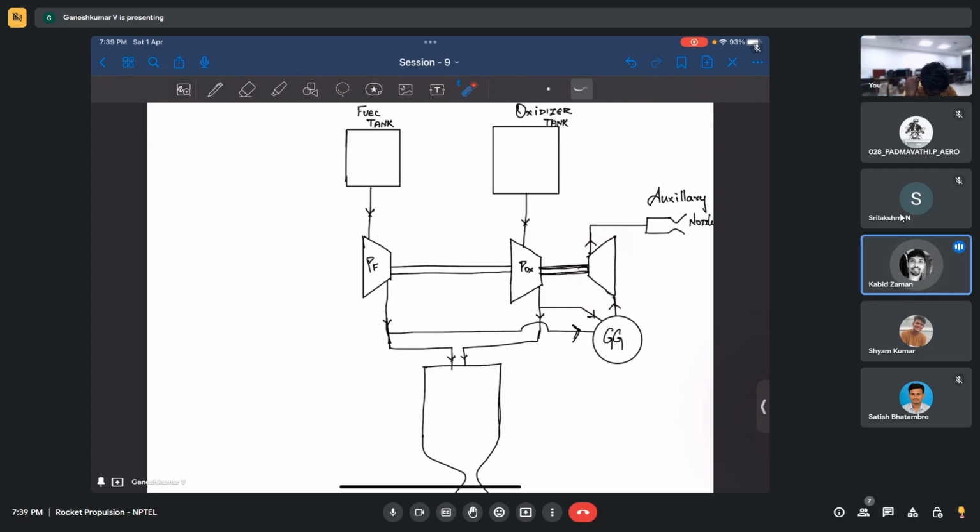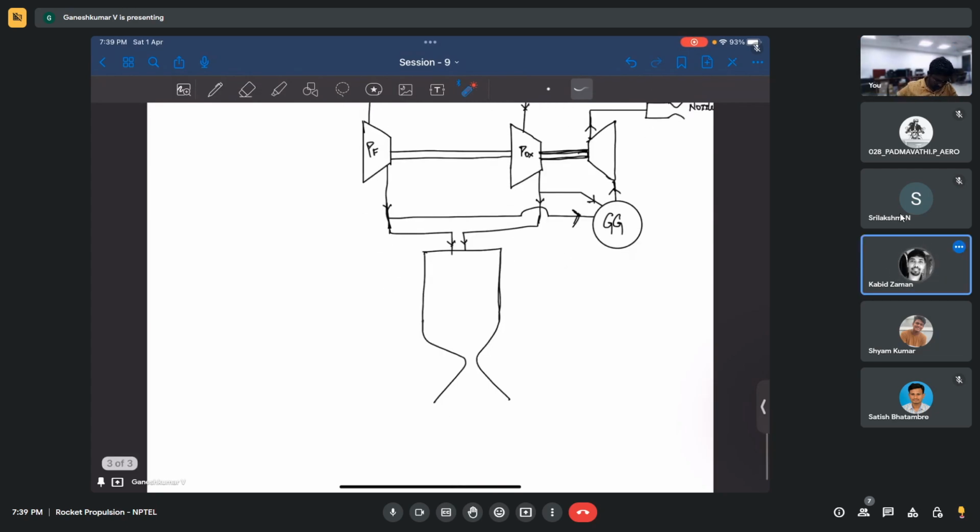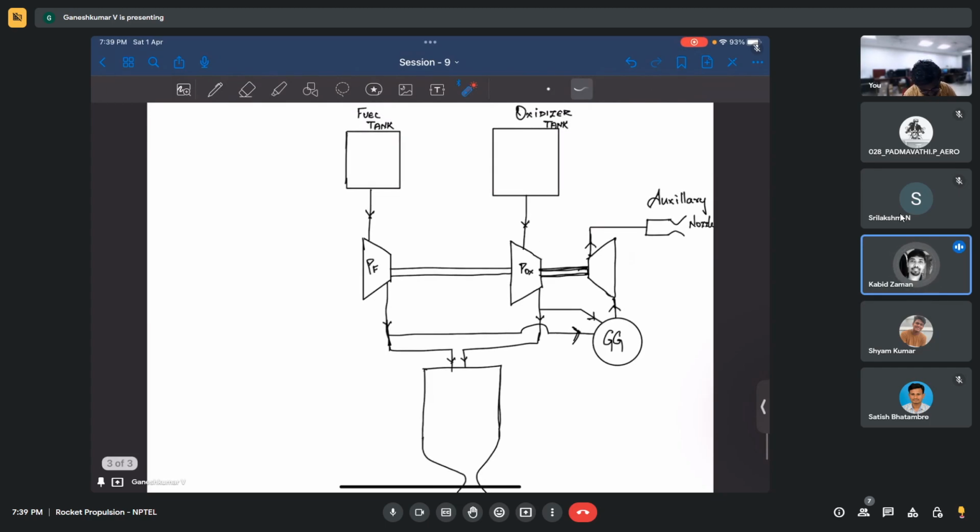It is converting the pressure energy or potential energy of the flow into the mechanical energy of the shaft. Right. Actually, it's not potential energy. You should have a temperature such that the turbine can withstand it. You cannot have very high temperature.